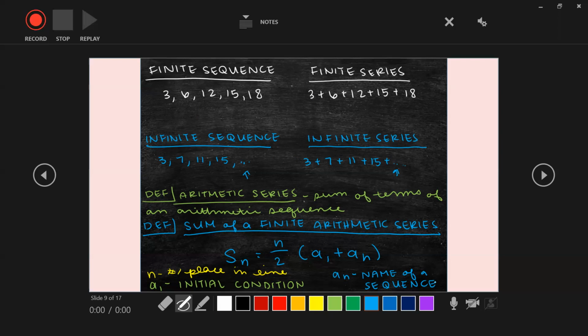So let's do an example. Our example is going to ask us the question: what is the sum of the even integers from 2 to 100?